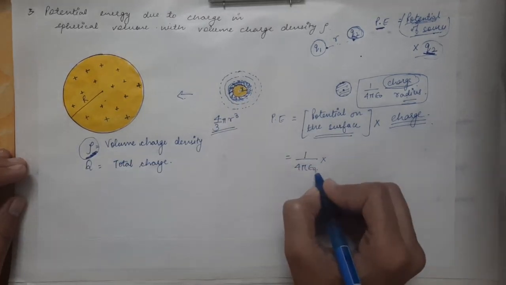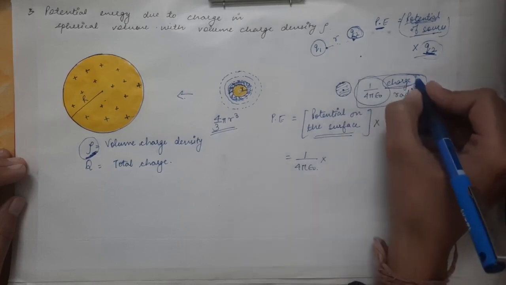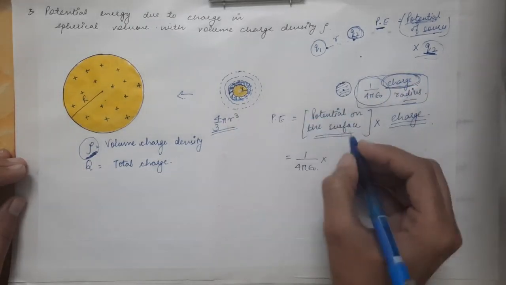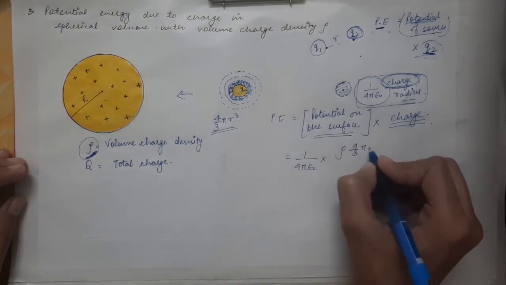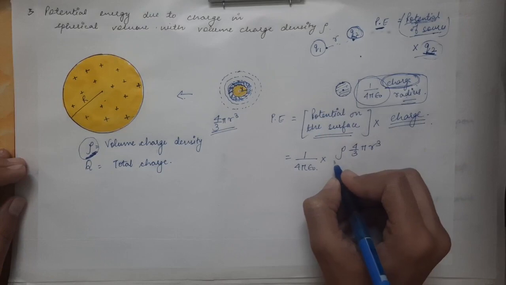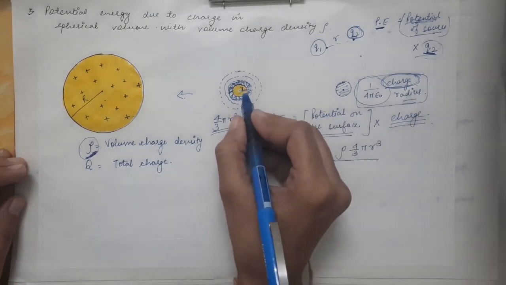So 1 by 4 pi epsilon naught will remain as it is in the formula of potential. And what is the charge on this sphere? That will be rho into 4 by 3 pi small r cube divided by the radius of the sphere, and at a time we are talking about only this small sphere of radius r.